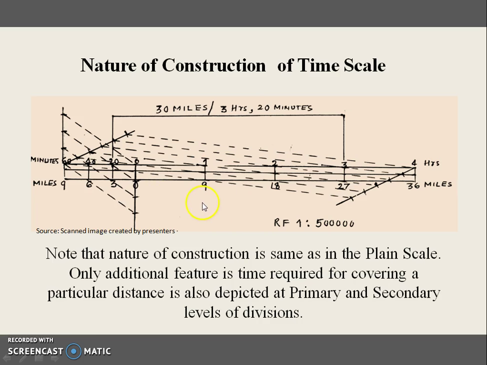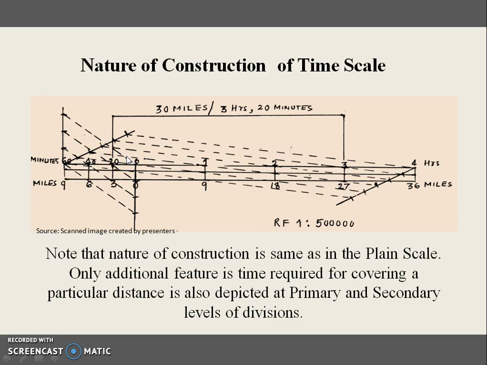Primary and secondary divisions, procedure of obtaining equal divisions is just like the plane scale. Only additional feature is that the time required for covering a particular distance is also depicted at primary and secondary levels of divisions.